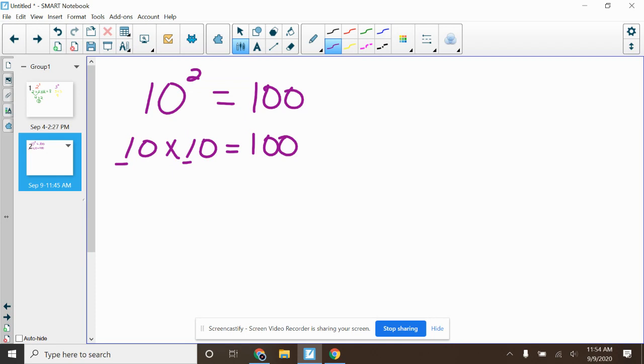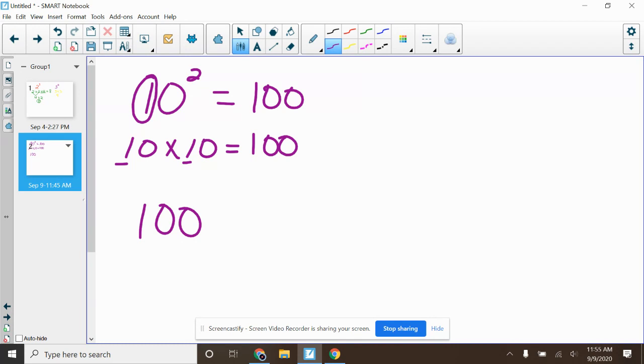Do you want to know the shortcut? Shortcut's very simple. If you ever have a number that ends with a 0, all you have to do is take the number in the front, write it down, and the exponent tells you how many zeros are in your answer. That's it. So let's do another one.